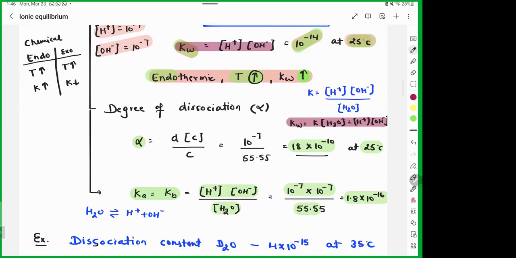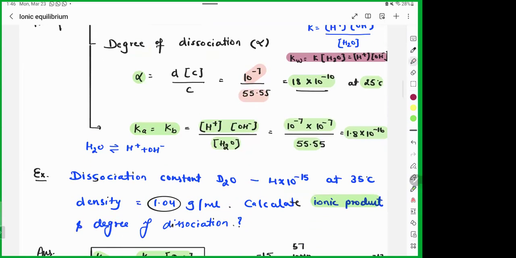Degree of dissociation you can calculate. What is the concentration of a particular thing? Concentration of water, then you will get the value. Ka, Kb: K means dissociation constant, A stands for acid, B stands for base. Correct? So how to calculate Ka, Kb value? H positive times OH negative concentration, which is equal to 10 raised to power minus 14, divided by H2O concentration, is equal to Kb.